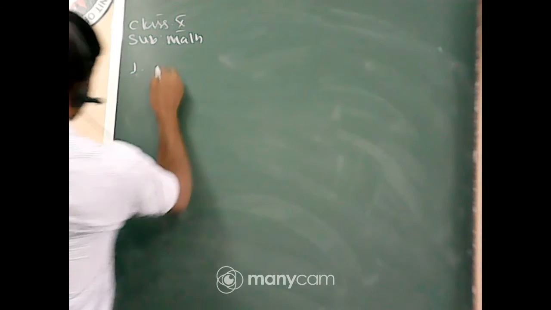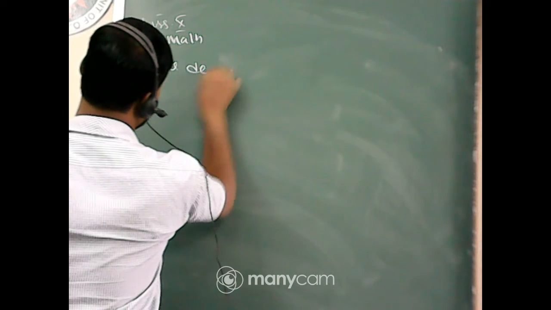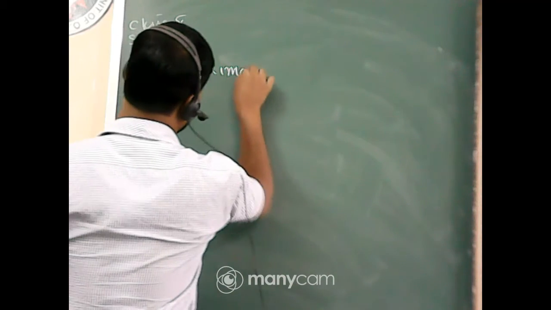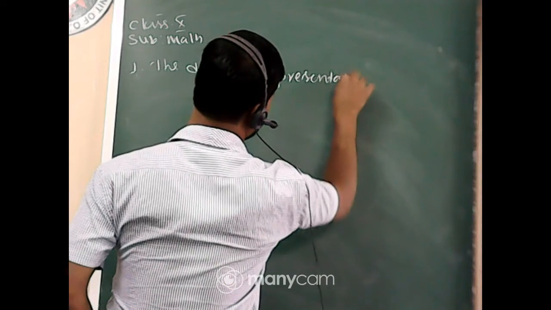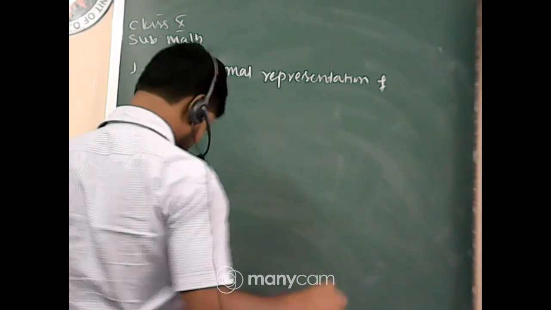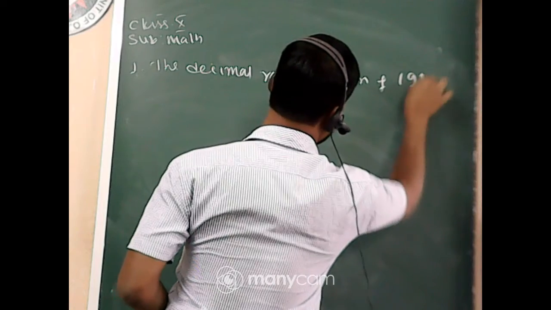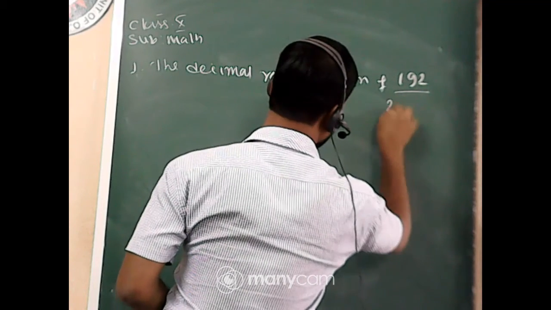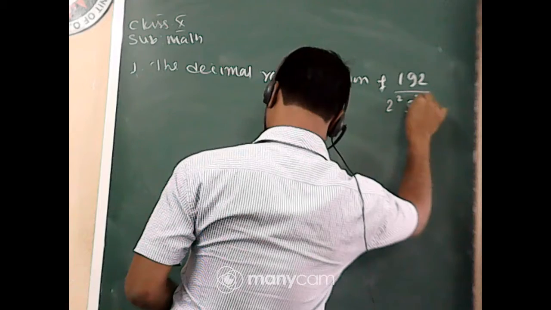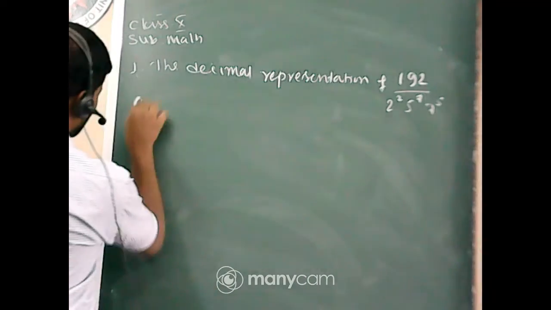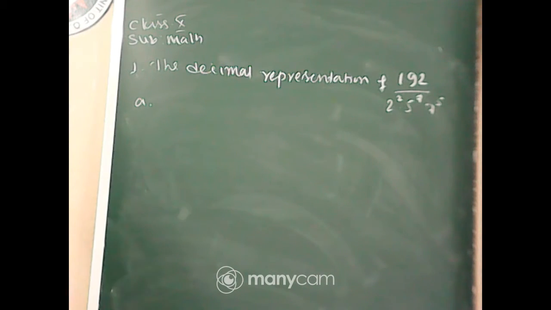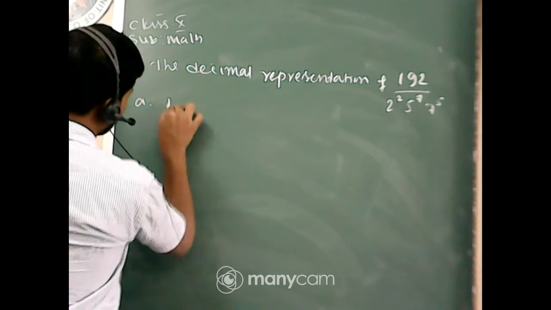So first question is: the decimal representation of 192 by 2 square into 5 to the power 7 into 7 to the power 5 is, 4 options will be there. Option A, it is terminating.